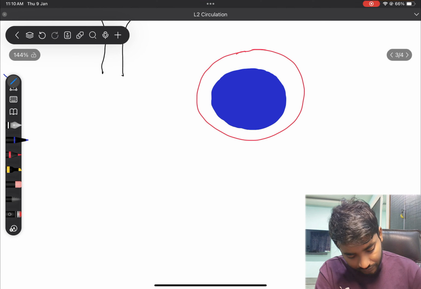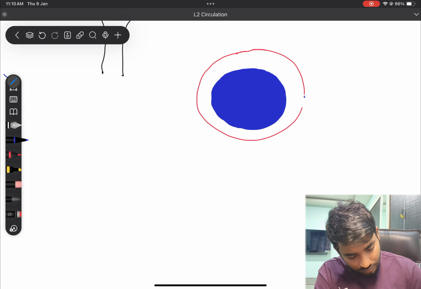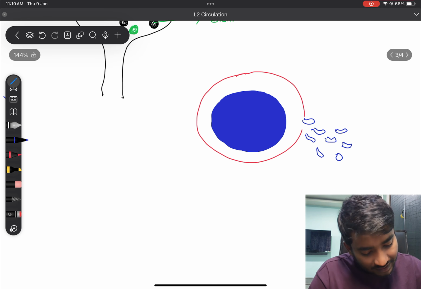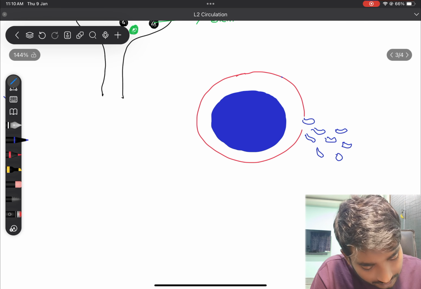Now I have to erase here. Okay. Now this is the megakaryocyte.